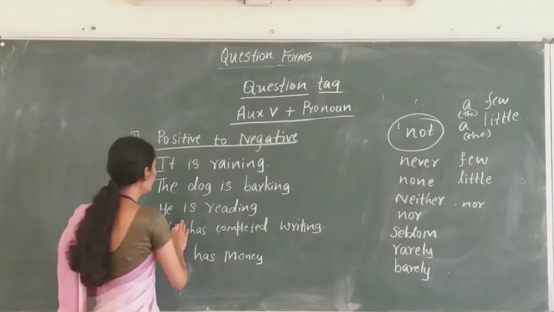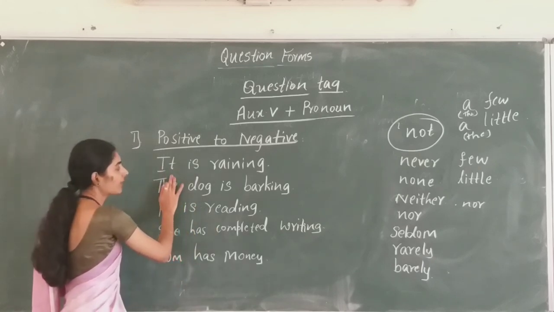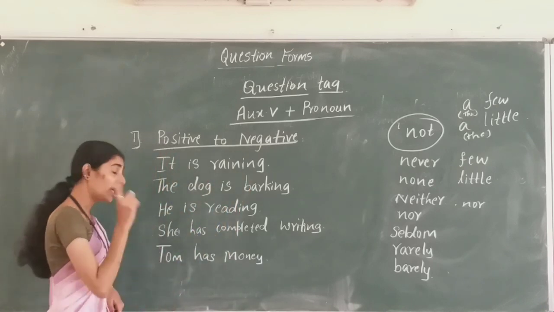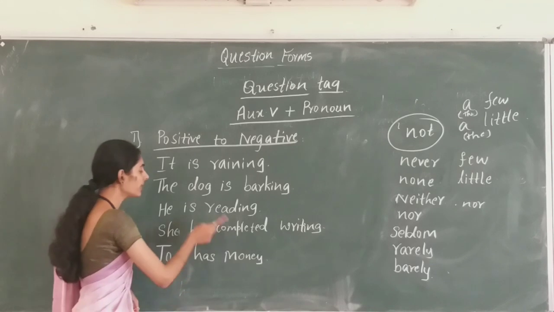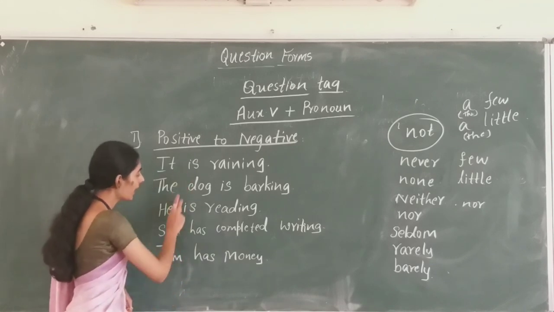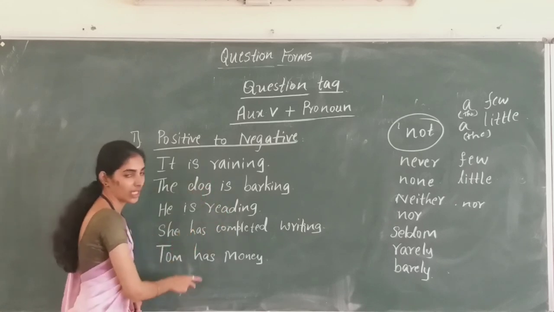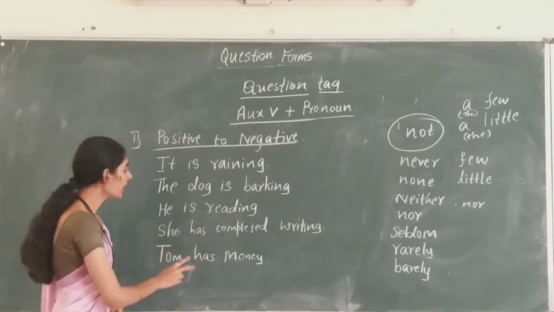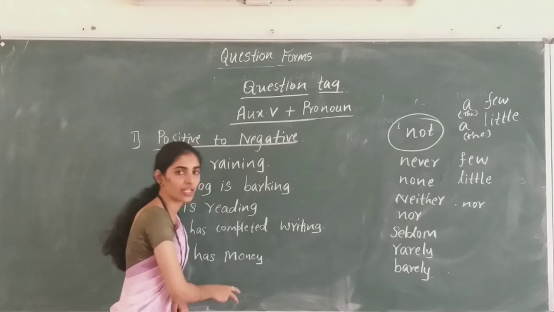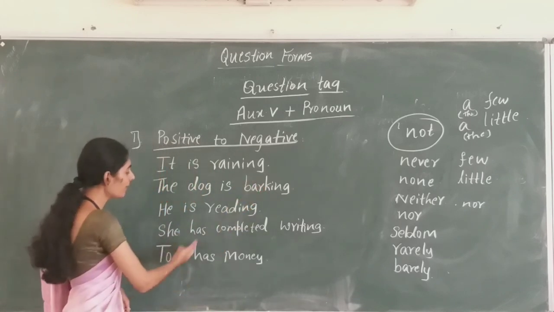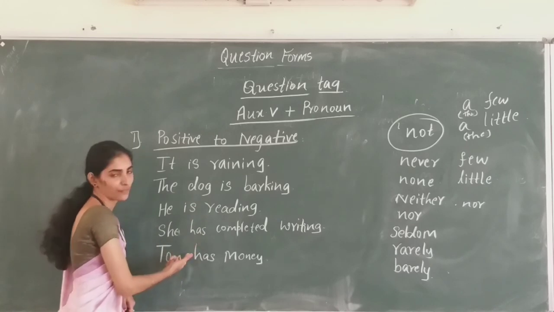Look at the first sentence: it is raining. Observe that in all these sentences, be form and have form verbs are given as helping verbs. So you need not write do form verbs here.